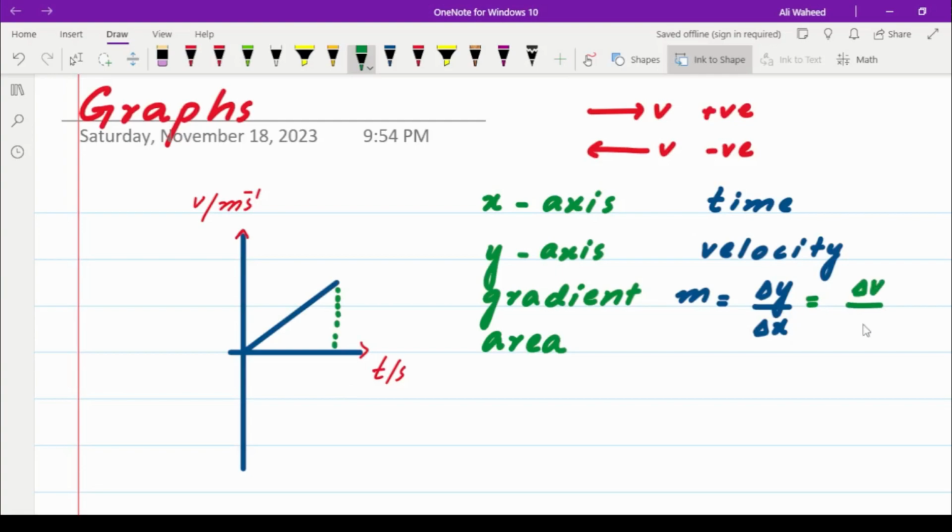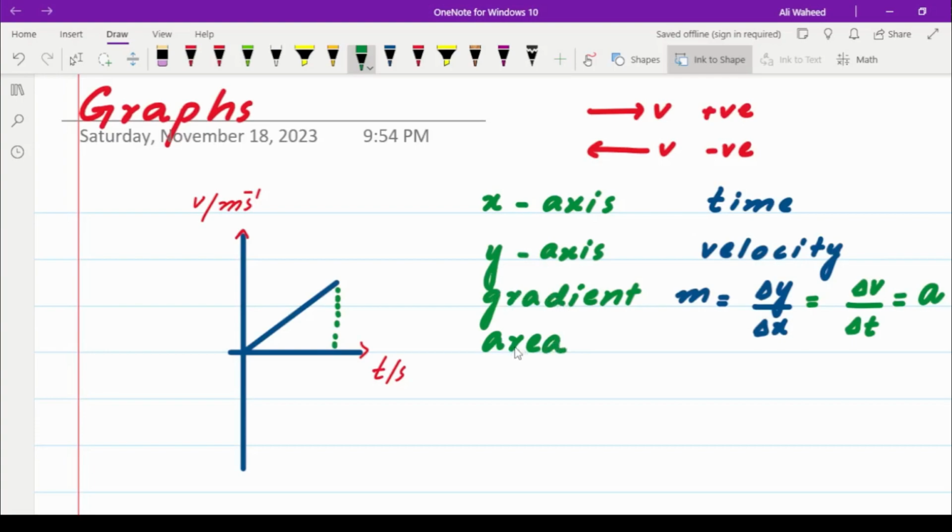It is time, so it would be delta t. Now what does this formula correspond to? Delta v over delta t, also described as rate of change of velocity. So if you recall your definitions, rate of change of velocity is called acceleration. So in this specific case, the gradient of the graph would represent the acceleration.